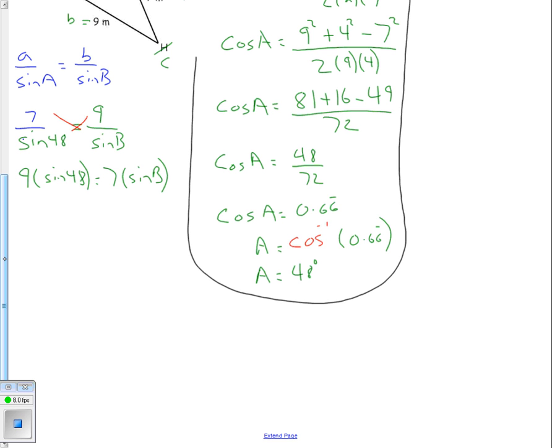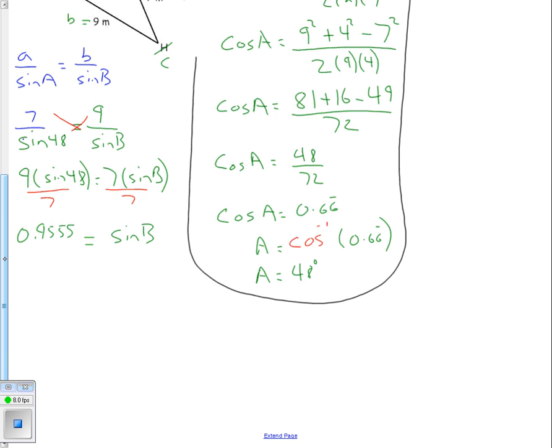So we know that we've got to get sine B all by itself, so we're going to divide both sides by 7. That's going to end up being sine B is equal to 9 times sine of 48, all divided by 7, or approximately 0.9555.